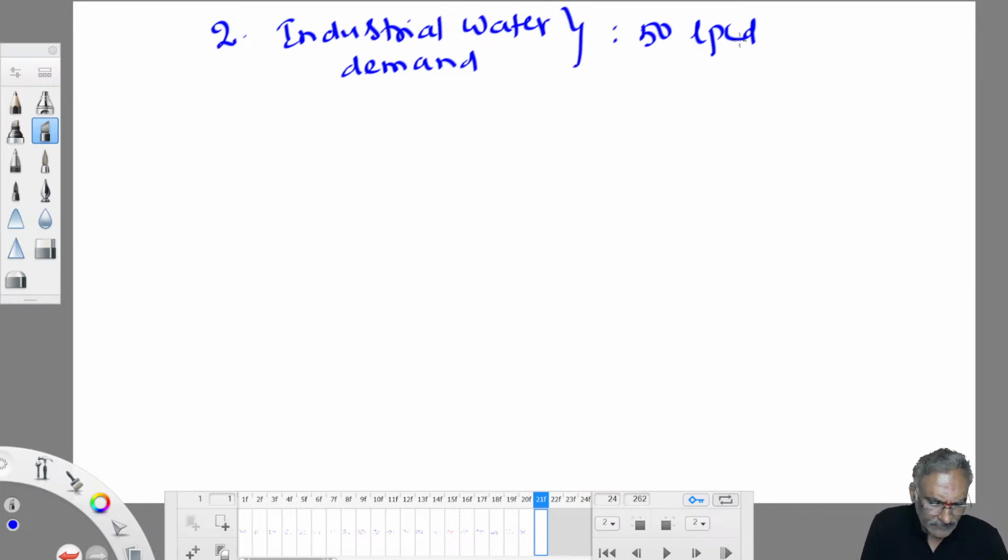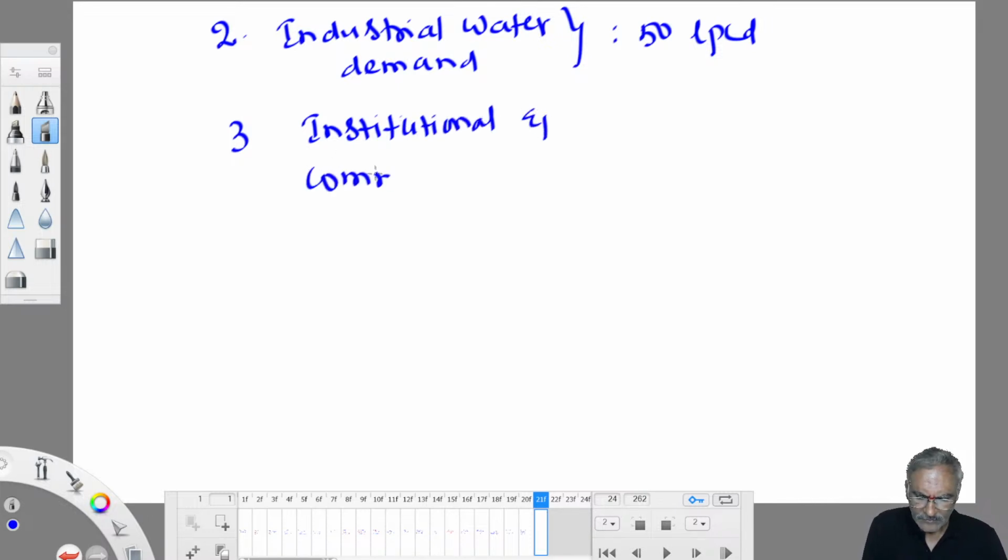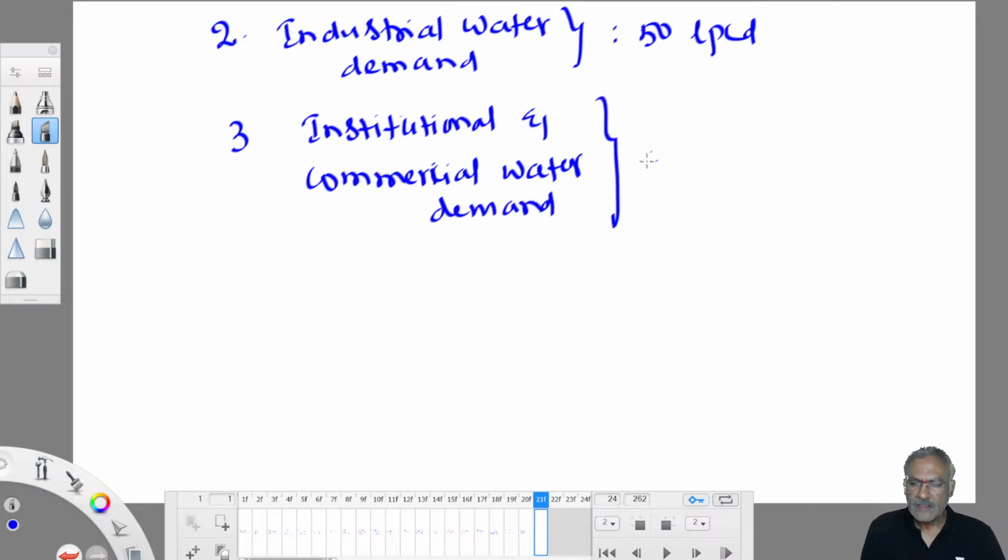Okay? And the third one is institutional and commercial water demands. There are so many institutes around us, like schools, colleges, offices, and social institutes such as temple, mosque, gurudwara, church.